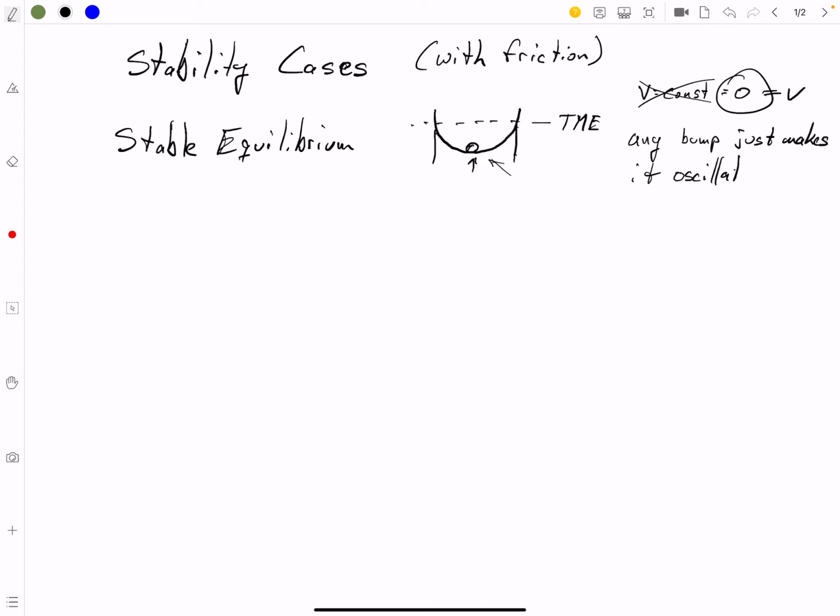Oscillate. That's it. And since we have friction, it's going to oscillate a little bit and then come to rest. Okay? So that's stable equilibrium.